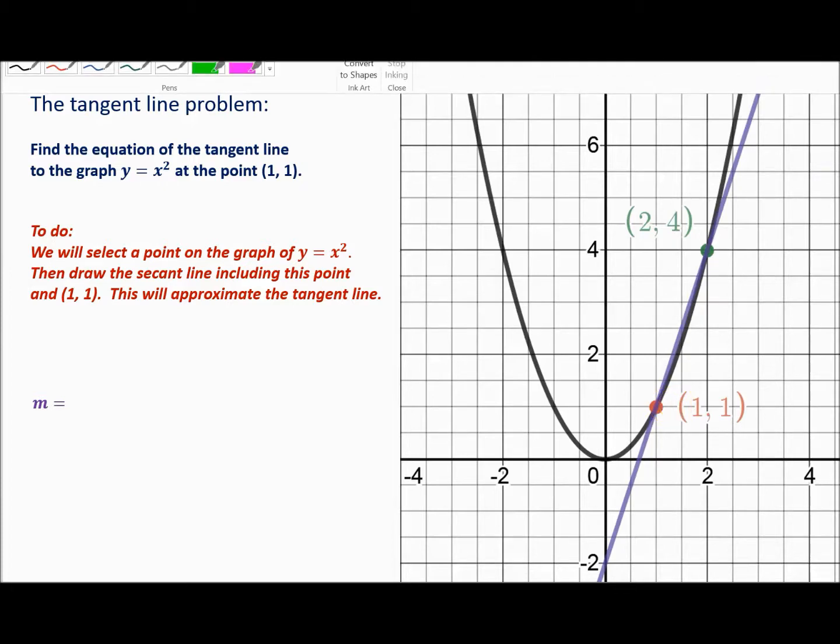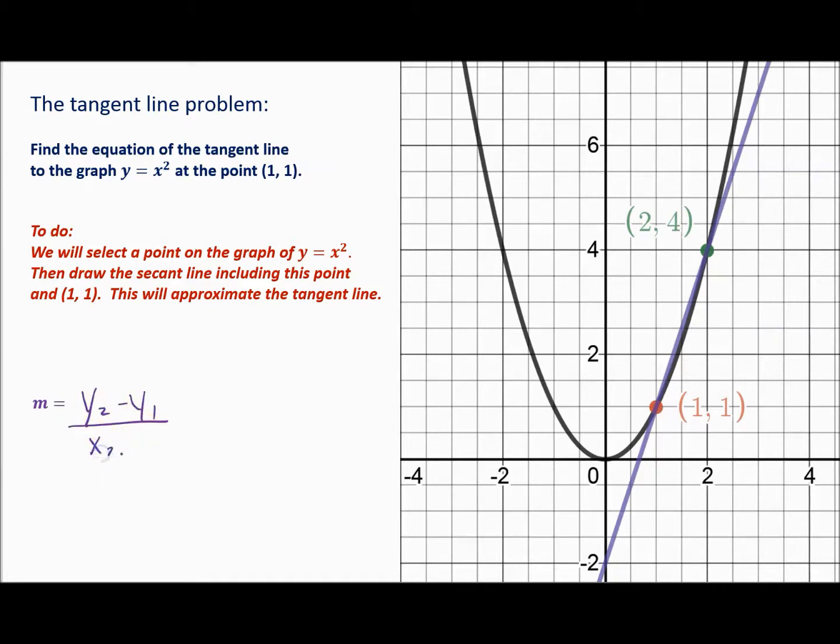So let's do this. How do you calculate slope anyway? Y'all know how to calculate slope. Remember the formula? It's y2 minus y1 divided by x2 minus x1. Okay, so y2 on my picture over here is 4 minus y1, which is 1, and then divided by, now if I begin with 4 when I find the slope for my y, I have to begin with x with the same point in the denominator.